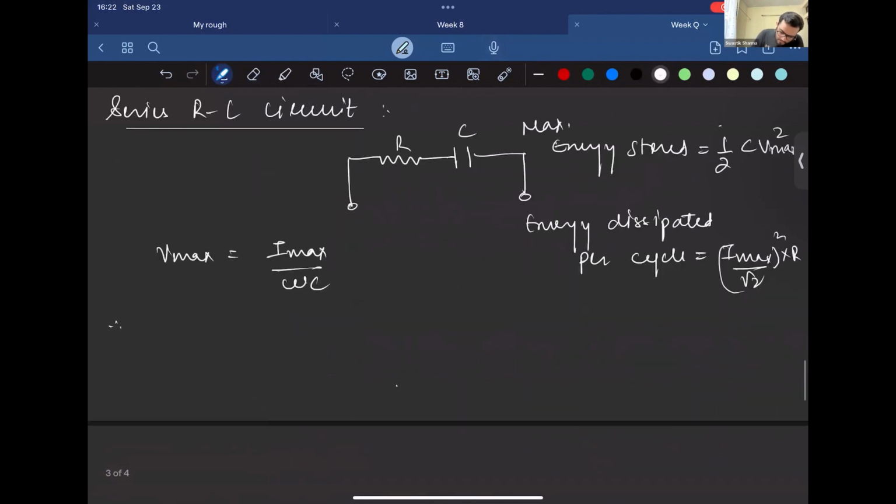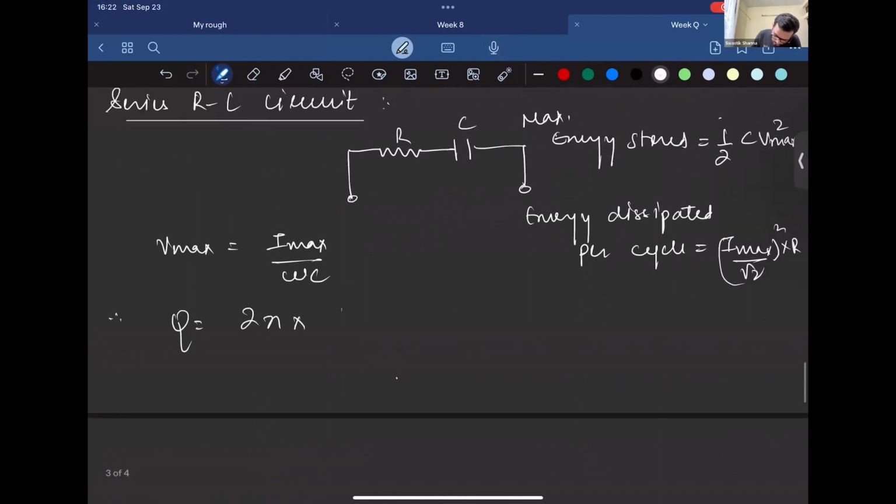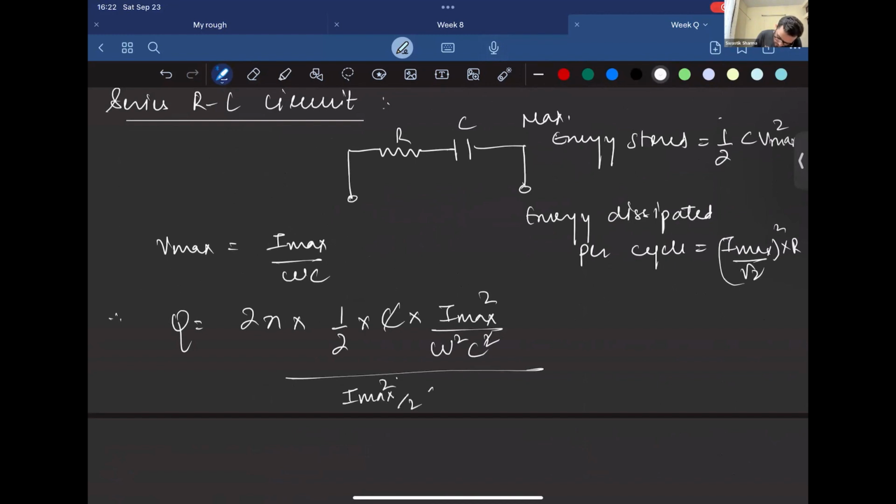L by R, right? So this means that we can write Q as 2 pi into half into C into V max square, and I max square by 2 into R by F. So this would get cancelled.